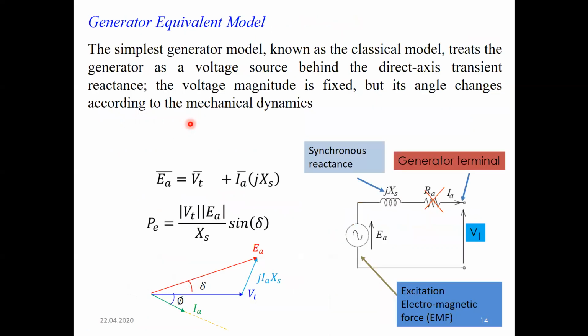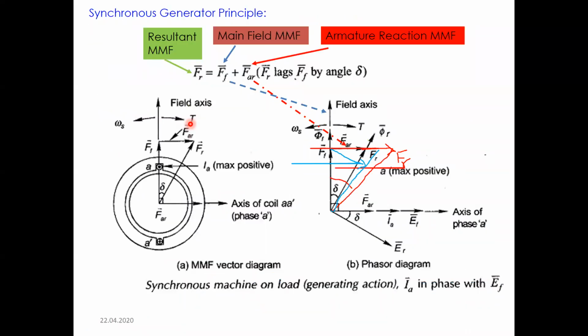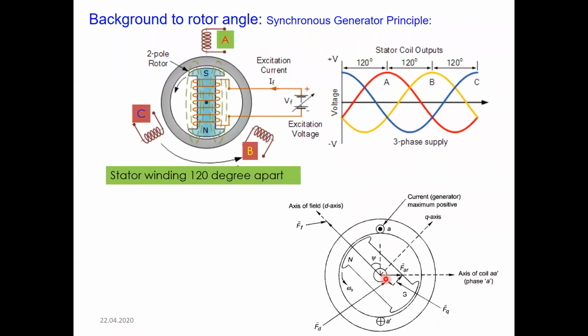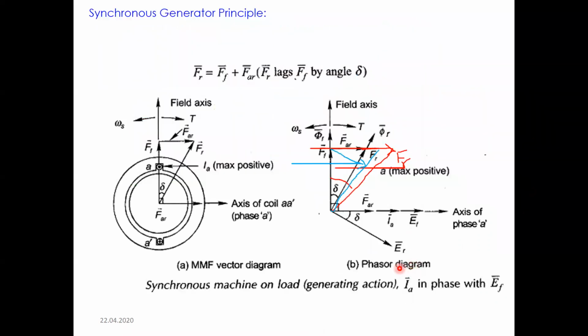That means, if you go back here, whenever the magnitude of the current, or thus the armature reaction MMF, changes, then the angle delta will change, right? This is one part: this angle delta change is because of the armature reaction MMF.